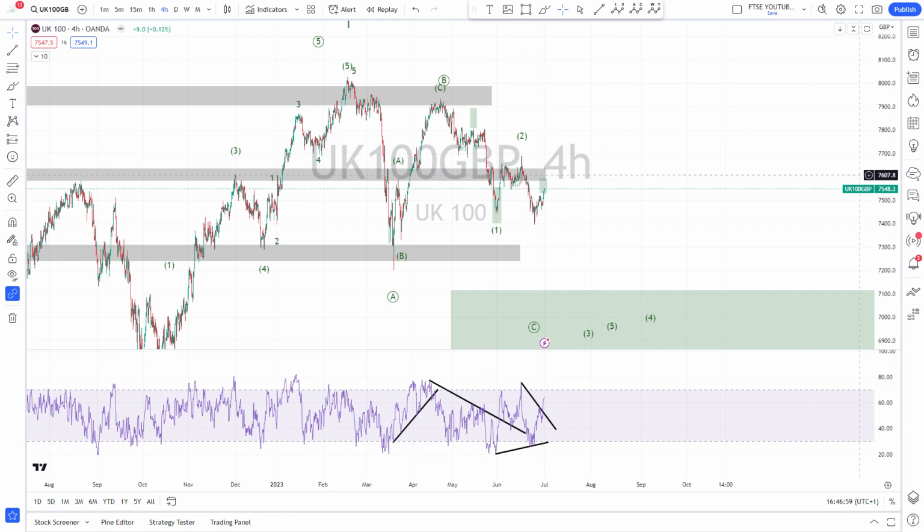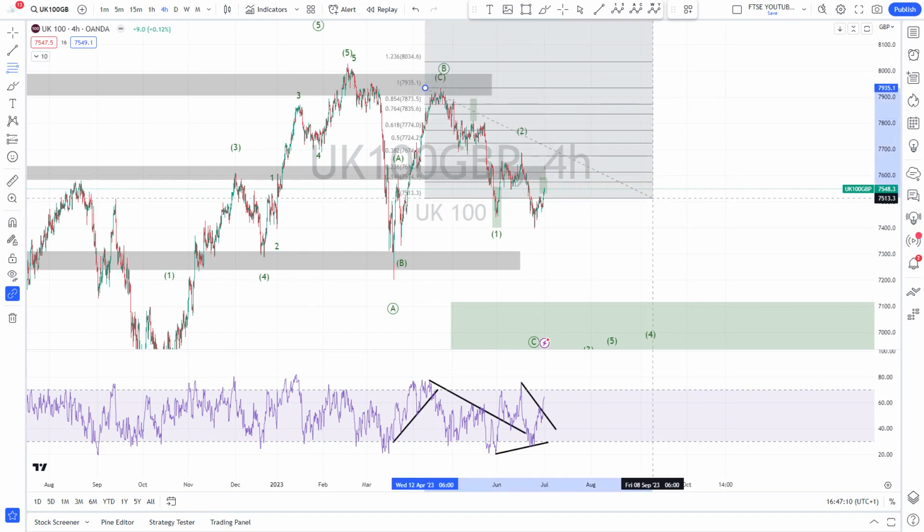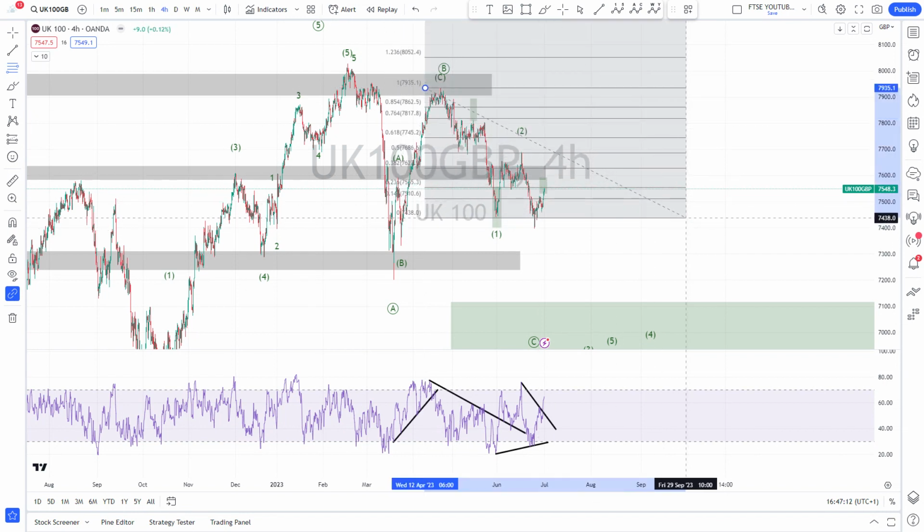That this was a wave 2 to the upside as an ABC, and as you can see, for this wave 2 correction to the upside, we perfectly hit the 0.5 retracement, so the minimum requirement.